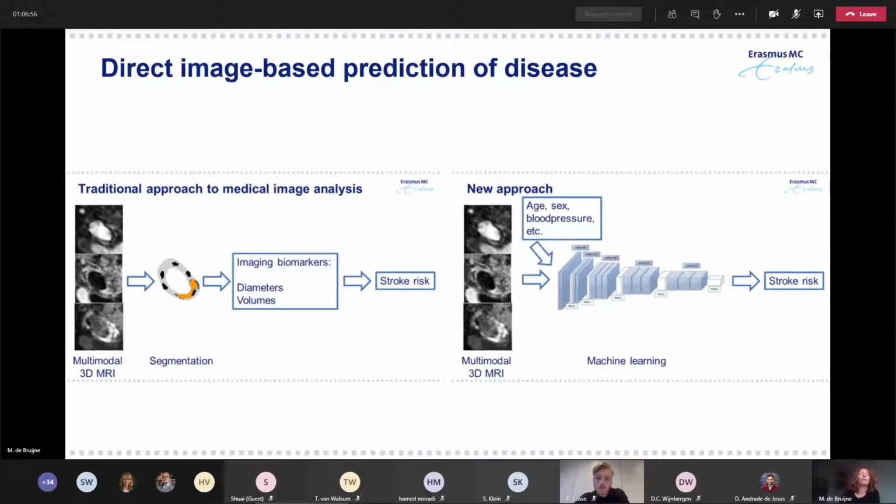And what we want to do instead of relying on these manual annotations and this knowledge that the radiologist has on what factors might be important, but it might not be the only factors that are important, we want to train models that directly, based on these images, but also on other clinical parameters, predict the stroke risk.